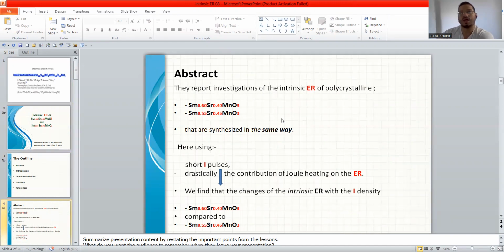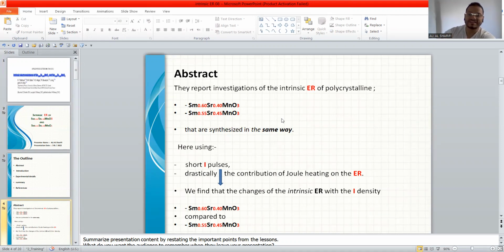Here, we are using not continuous current, but pulse current. It's different, maybe 2 milliseconds, microseconds, and drastically decreasing the contribution of Joule heating on the electric resistance. We will focus on Joule heating because sometimes it will work and sometimes it will be useless, and I will explain all of that at the next slides.